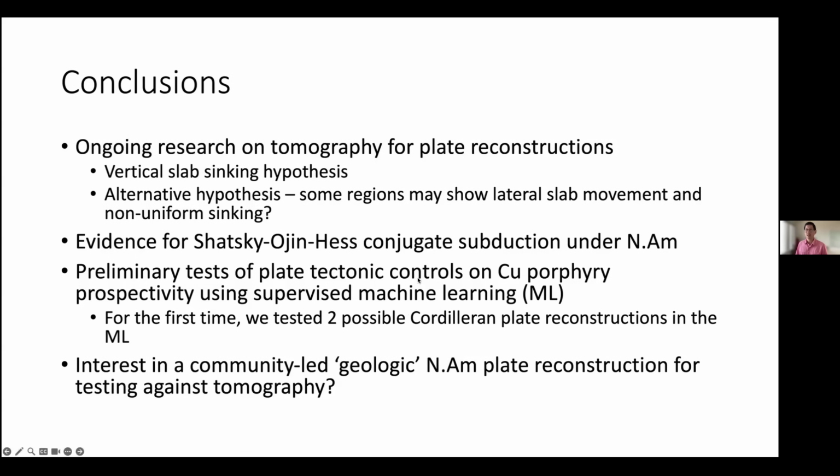We're trying to test different plate reconstructions on machine learning algorithms. And then, as I highlighted in the previous slide, could there be interest in a community-led geologic plate reconstruction to test against tomography?